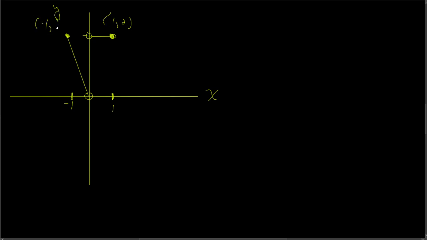That's -1, 2. And then from 1, 2, we go to an open point at 4. And so this is the graph we're trying to repeat.